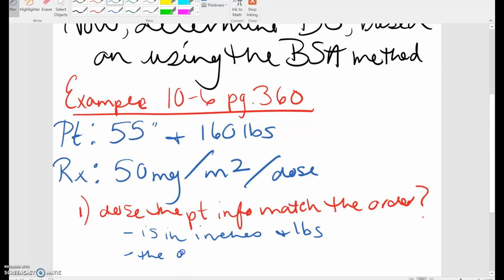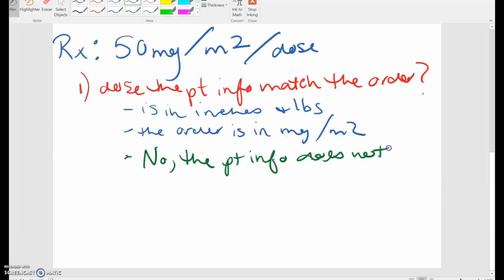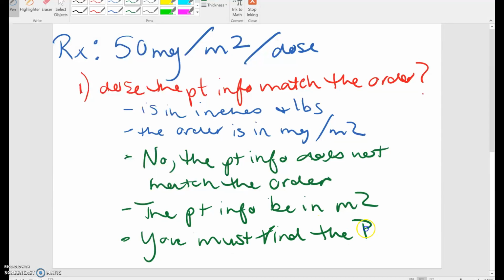The order is in milligrams per meter squared. So the answer to that question is no. The patient's info does not match the order. The patient's info should be in meters squared, which means you must find the body surface area. So that's step one.